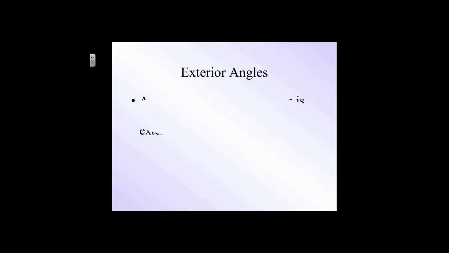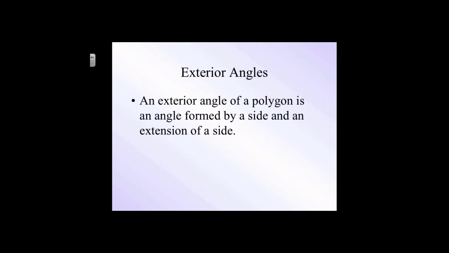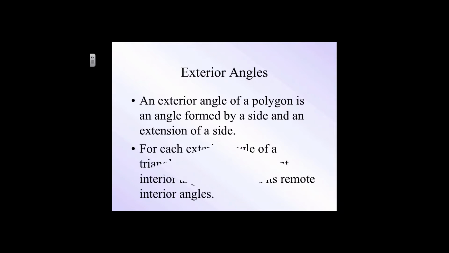So exterior angles in triangles are angles formed by the extension of a side. And the remote interior angles are the non-adjacent interior angles to that exterior angle.